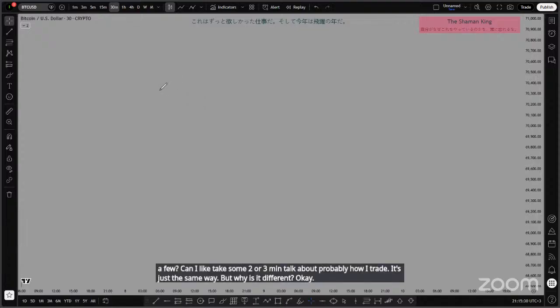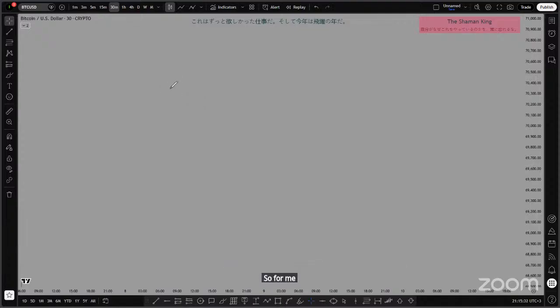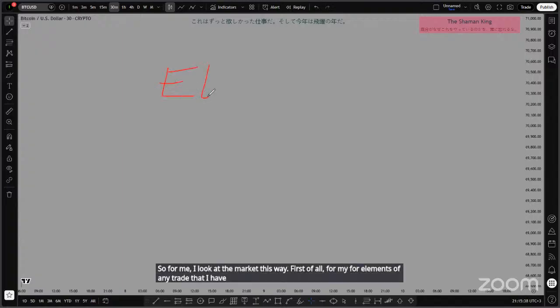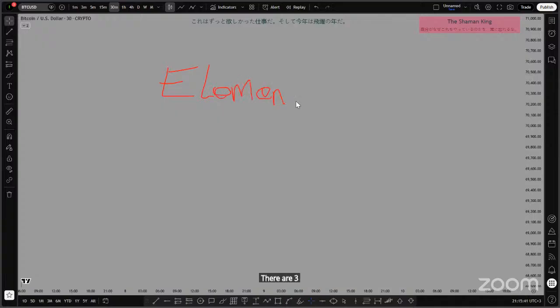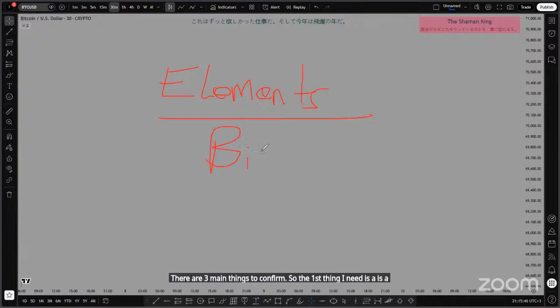So for me, I look at the market this way. For any trade that I have to take, there are 3 main things to confirm. The first thing I need is a bias. The next thing I need is a point of interest or a key level.